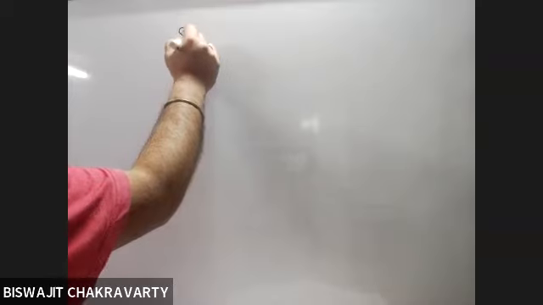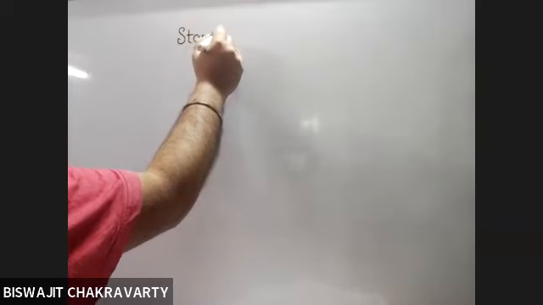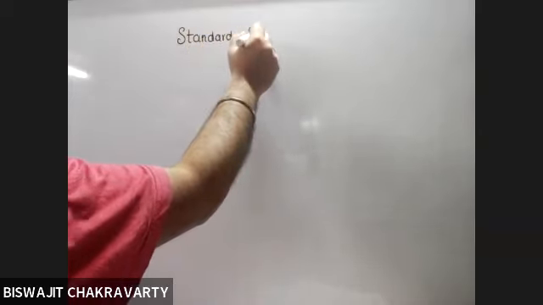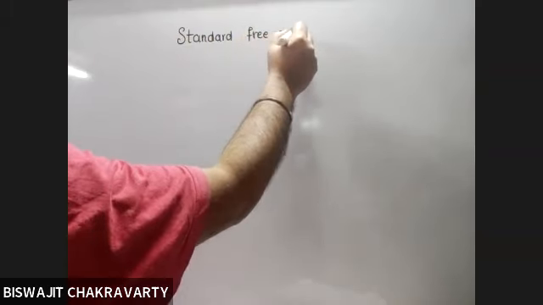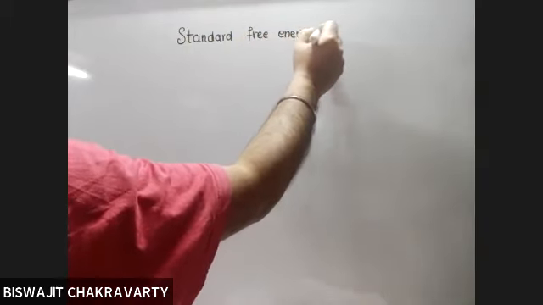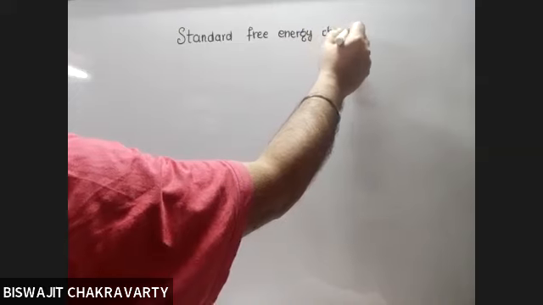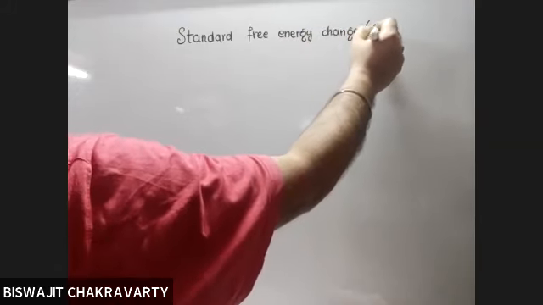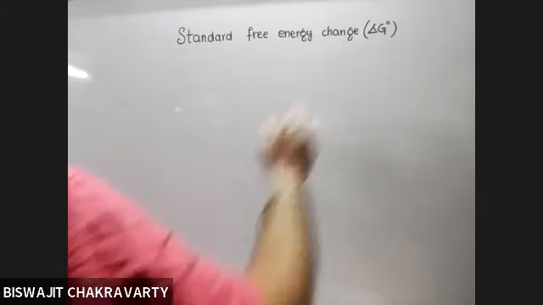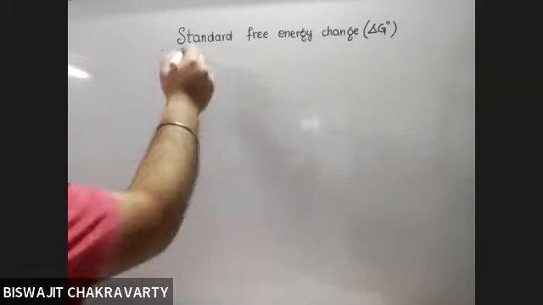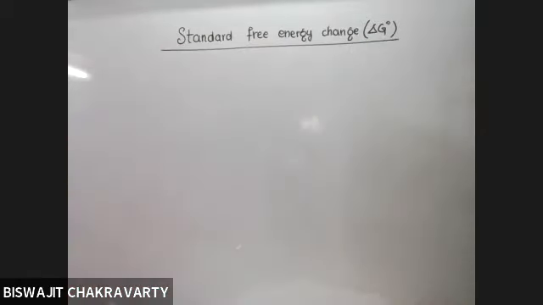Yes, we try to talk about standard free energy change. I have already told you that whenever we are talking about standard, we put a degree over it, for standard free energy change.